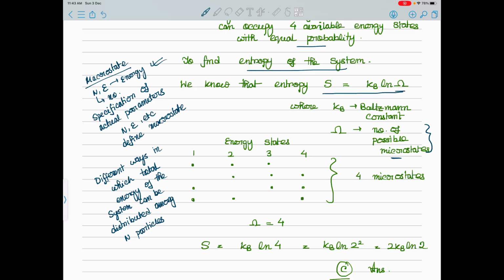Those different ways are called the microstates.